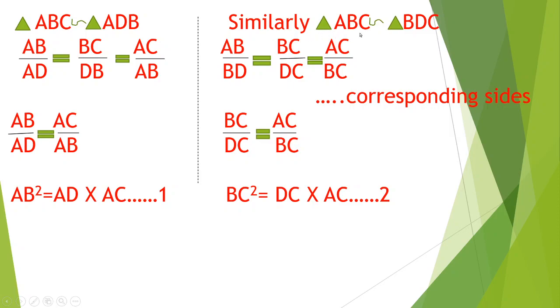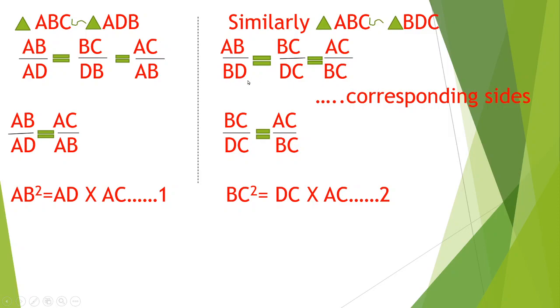Similarly, take the original triangle ABC and the similar triangle BDC. Both triangles are similar, so the ratios of corresponding sides are equal: AB upon BD is equal to BC upon DC, which is equal to AC upon BC.